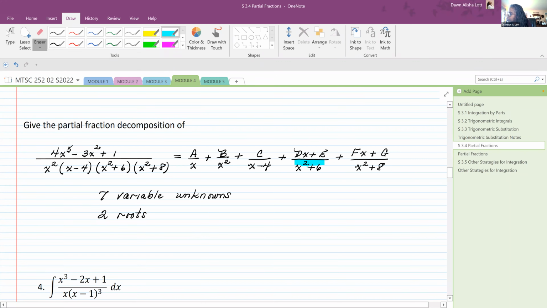Yeah, so these two right here are irreducible. Thank you. So they have to be done the way I did this last problem where I put the bx plus c. Prentice, are you okay with that? Yes. Okay. All righty.